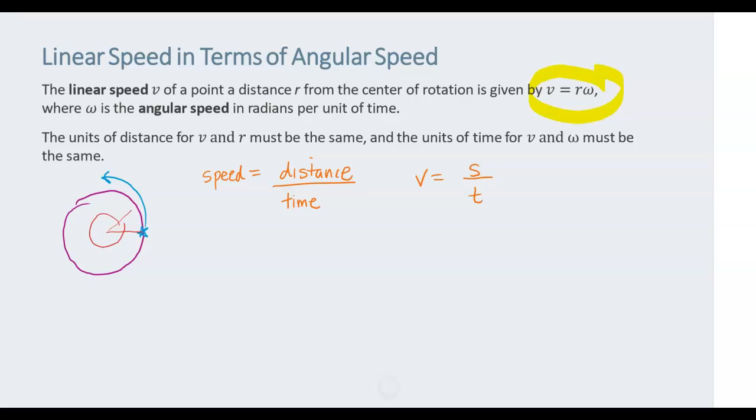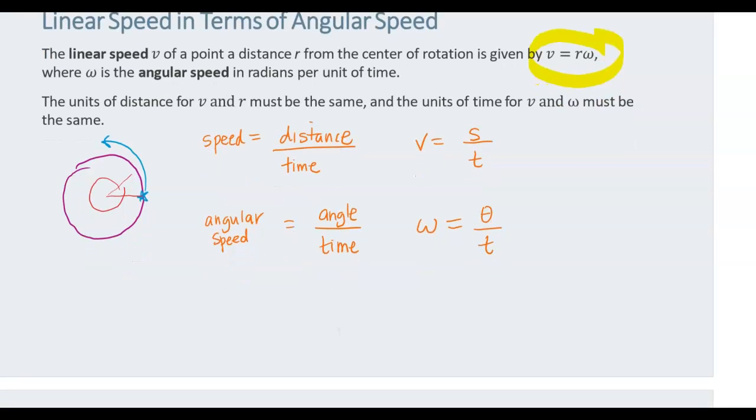Angular speed is going to be the angle, how much the angle has changed over a particular point in time. Mathematically, we write that as omega equals theta for angle over t for time.